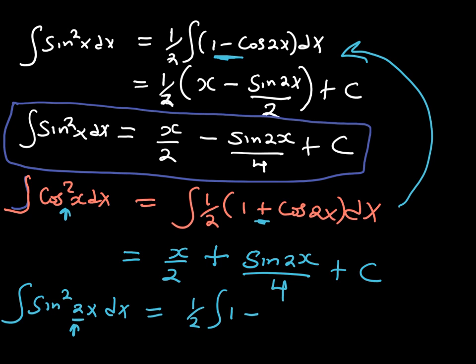Remember, this is a half angle, and you want to write this as a double angle. So the double of 2x is 4x. Then you just go ahead and integrate the function. Life will be very easy for you. You can tell what we get out of this.